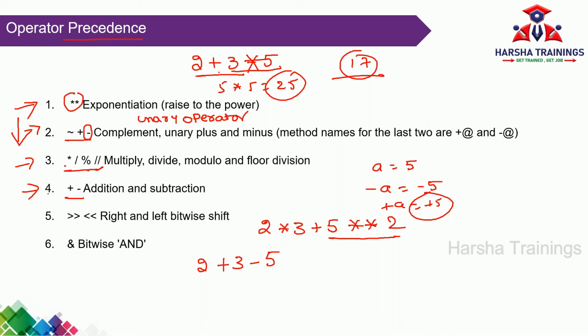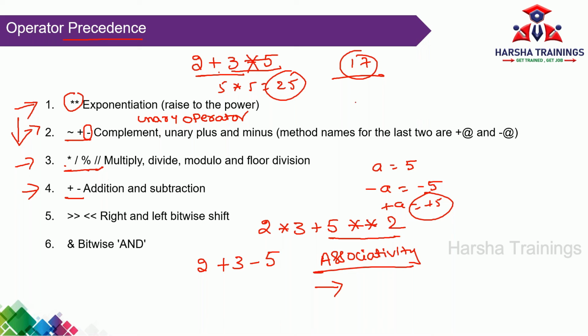If more than one operator with the same priority exists, then we follow associativity. Associativity means moving from left to right or right to left.